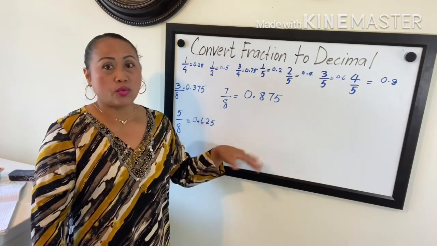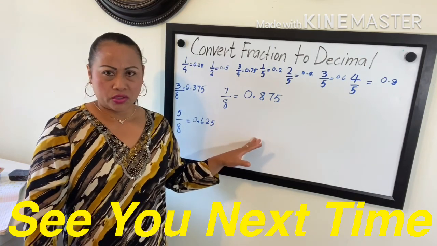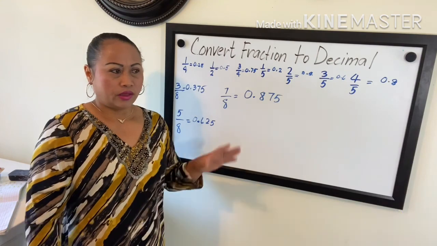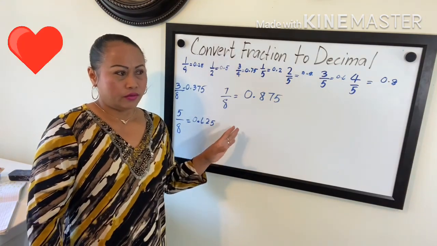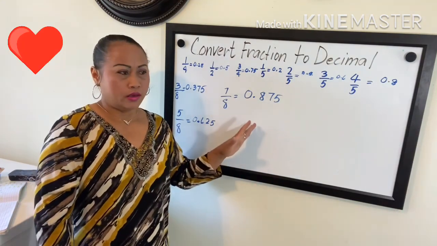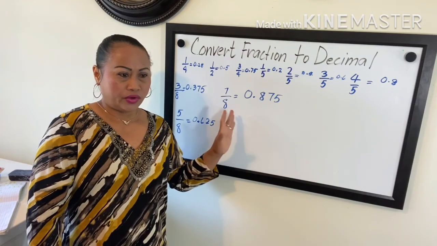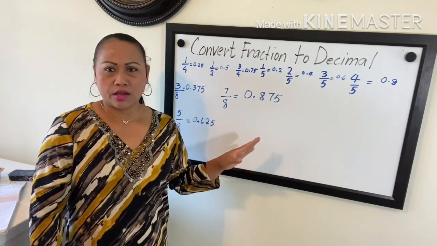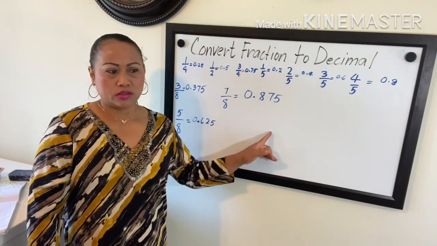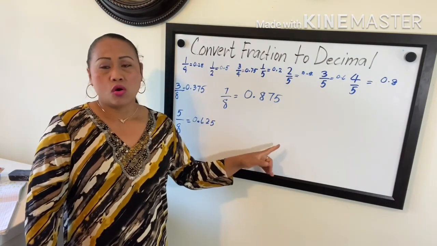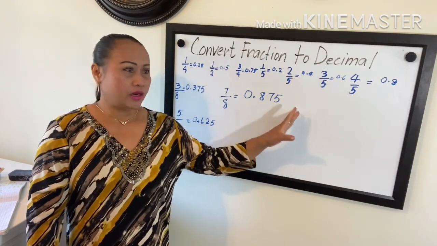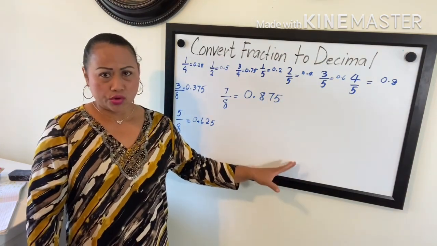First we have to divide, and then after dividing we have to multiply, and then after that we have to subtract. And if there is a remainder, always add 0 into the dividend, and then bring it down straight.